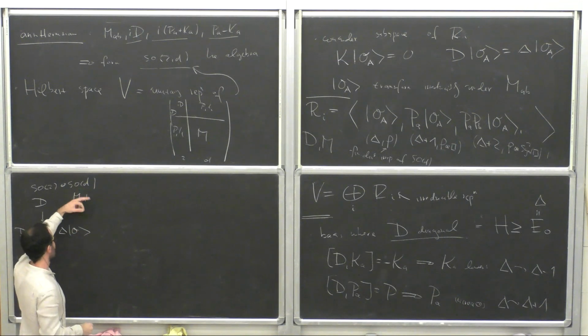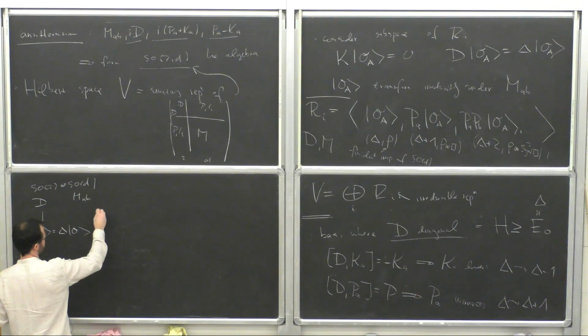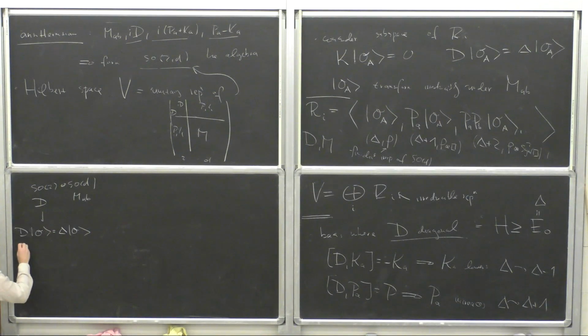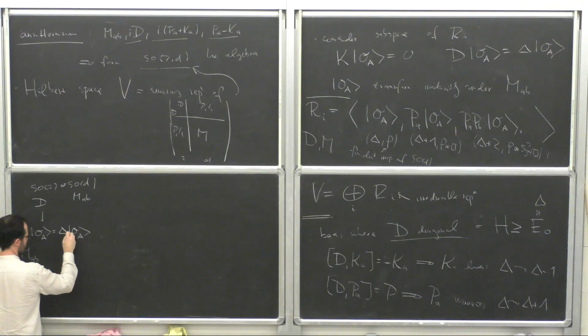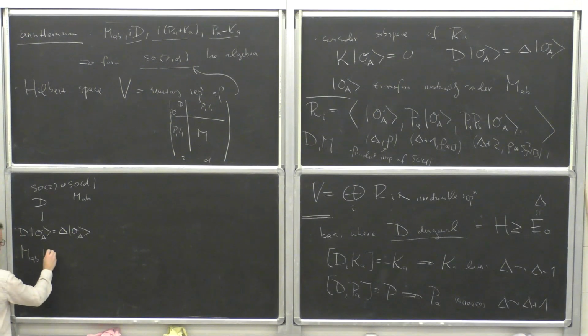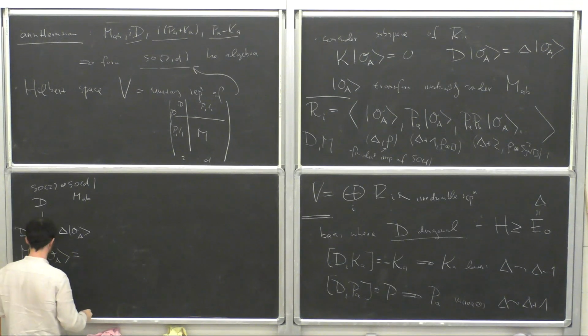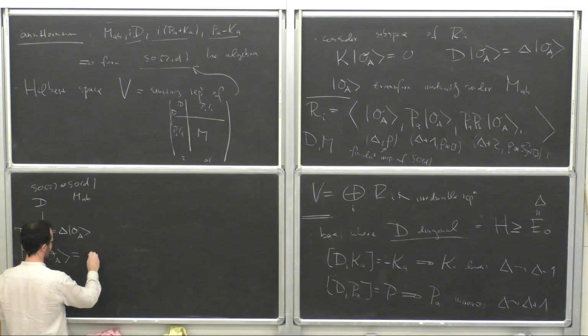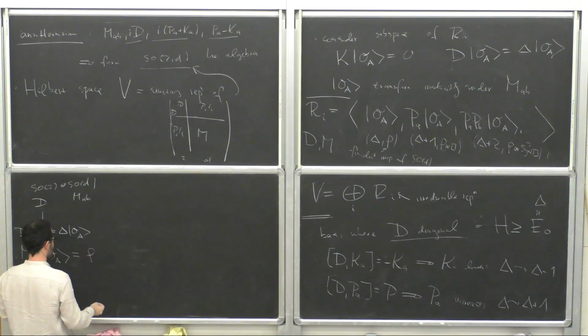An irreducible representation of SOD is what we call rho. So I guess that means that there is some finite dimensional space of these, and when MAB acts on our thing, well, I guess there's a rho.